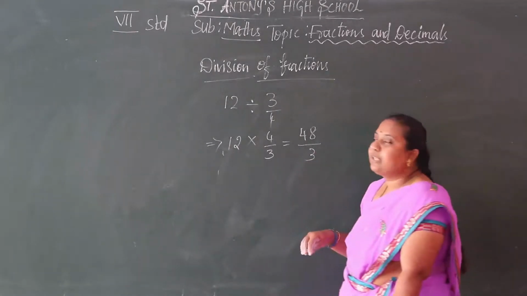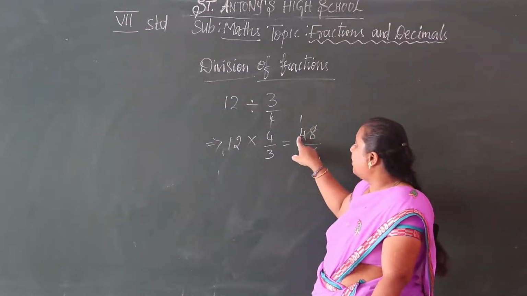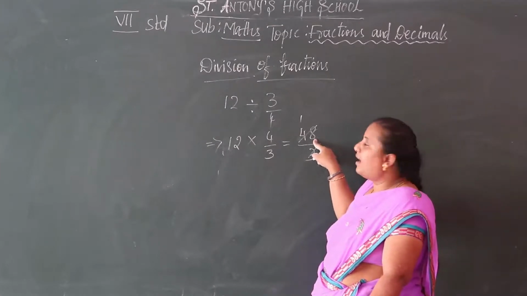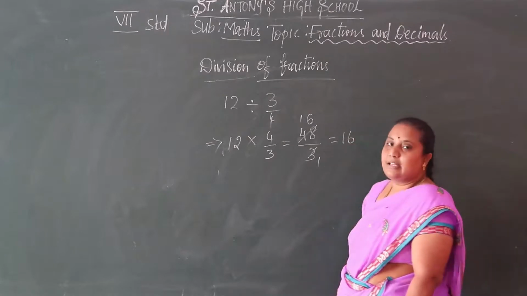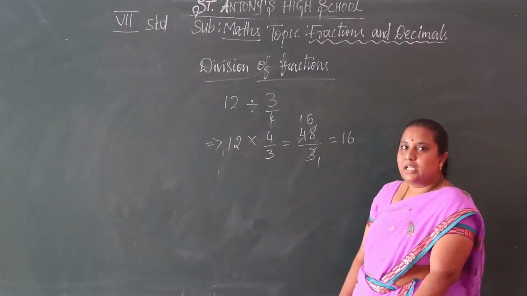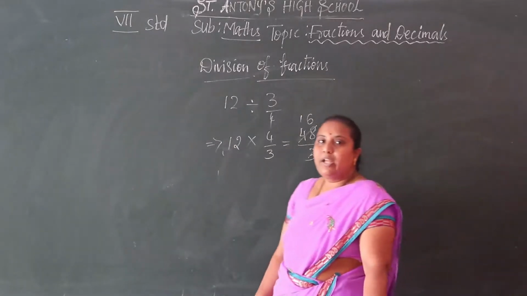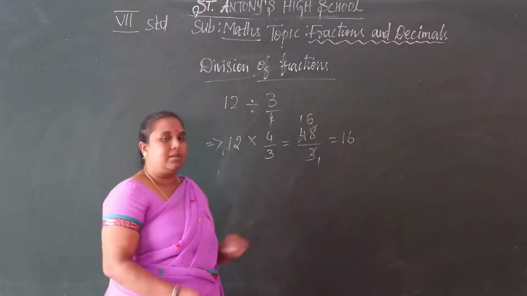See here how to cancel. 3 ones are 3. Balance 1, 18. 3 sixes are 18. So 16 is the solution. This is a whole number. Don't think the answer must be a fraction. It can be a whole number also.